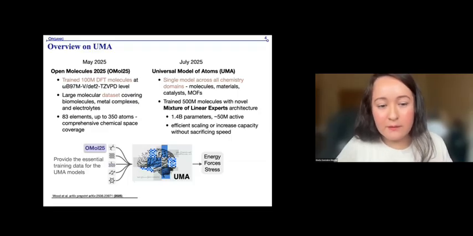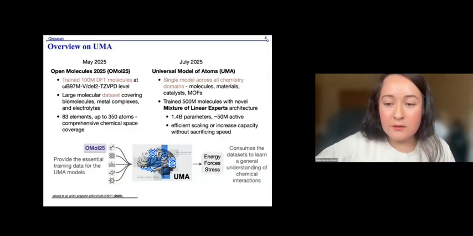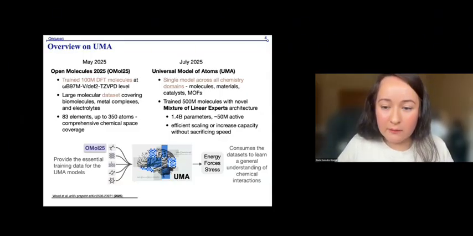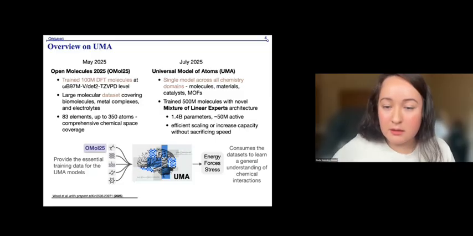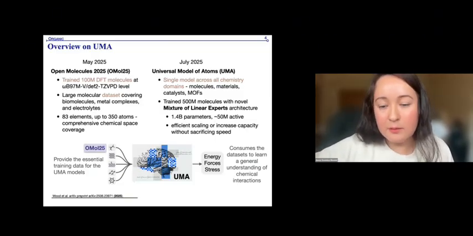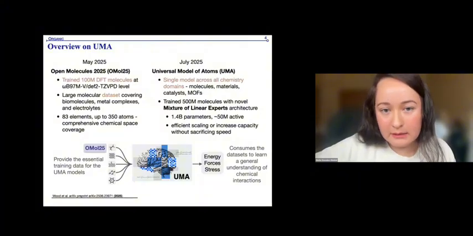Essentially, these 4 or 5 different data sets were provided for the UMA models, and you get a consolidated platform that uses all these data sets to have a chemical understanding of how chemical interactions occur. That was a brief background of what UMA is.